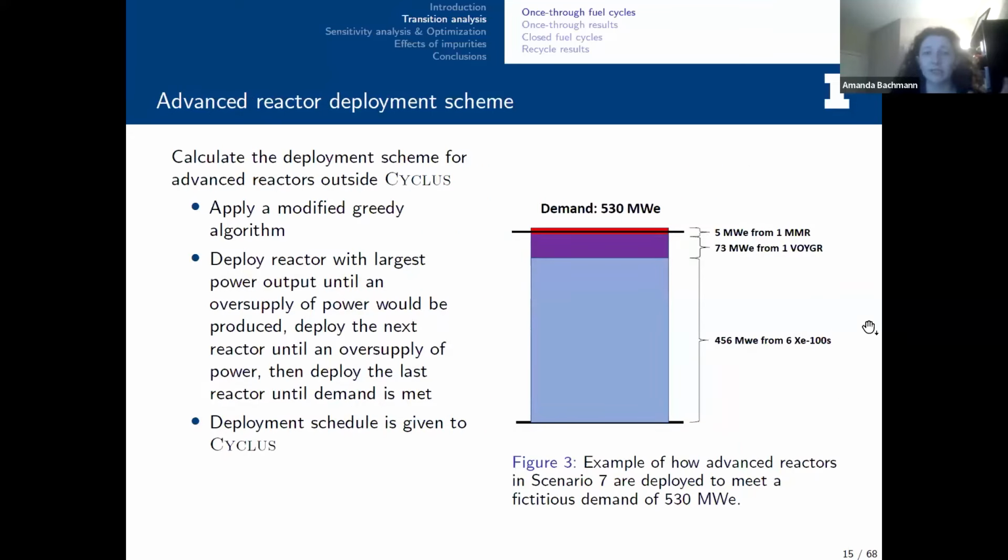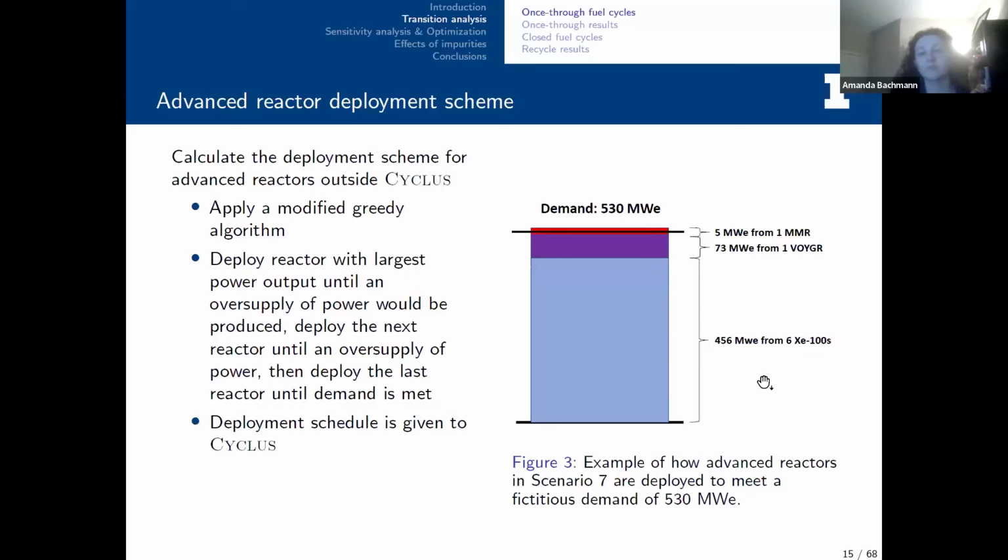When I talk about how I determined how the advanced reactors need to be deployed, it's a modified greedy algorithm. As this fictitious example shows, for scenario 7, which was deploying the MMR, the Voyager, and the XC100 together, in order to meet a fictitious demand of 530 megawatts electric, we're going to deploy 6 XC100s because they have the largest electric power output of those 3 reactors, and then we deploy 1 Voyager and then 1 MMR.